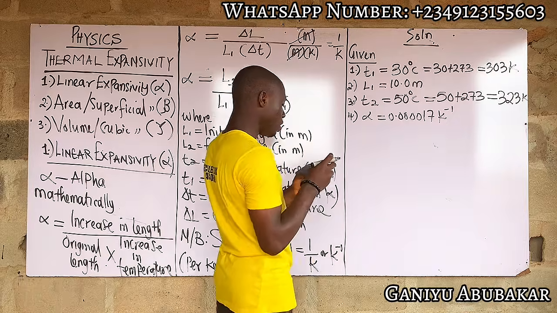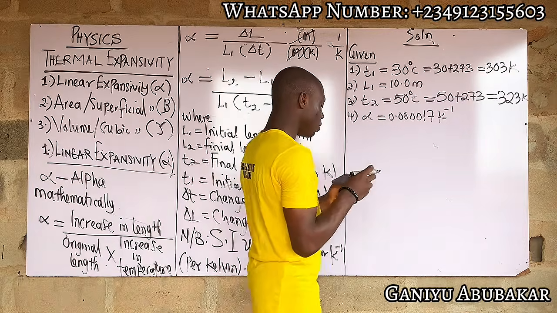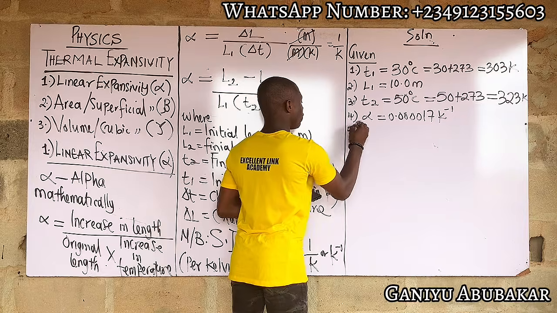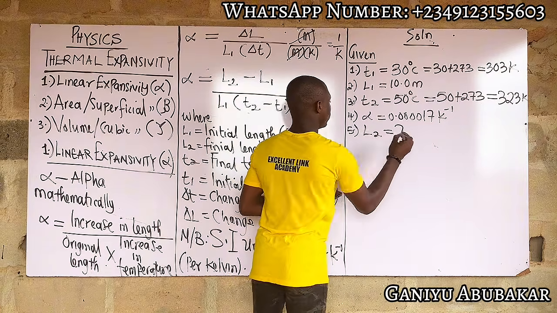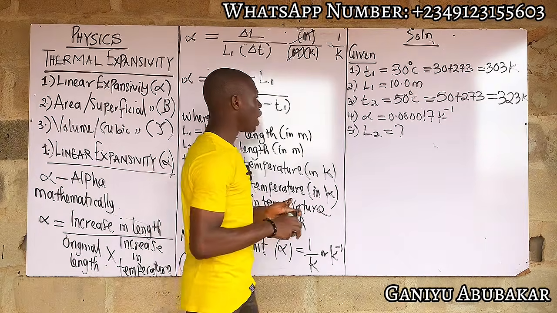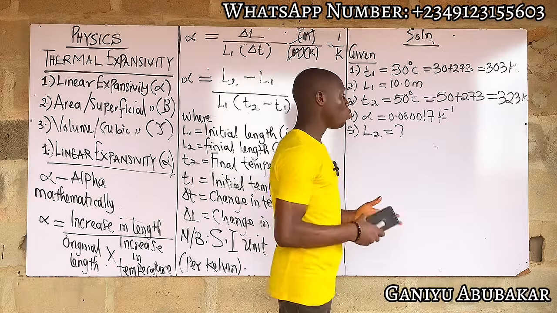So I'm going to find its new length. Of course I'm given L1, so it means that I'm looking for L2, that's the new length. So how do you get this done in science? For this, first, I'll recall my mathematical expression.